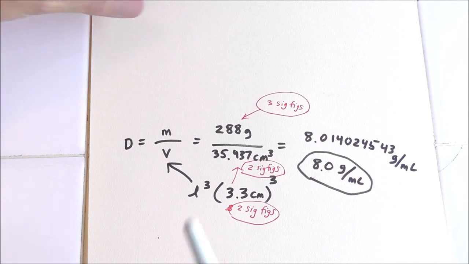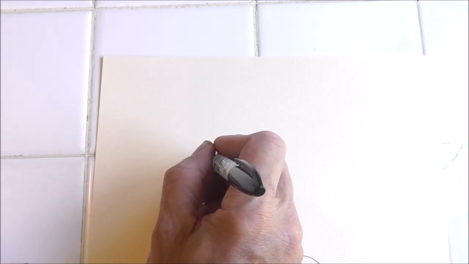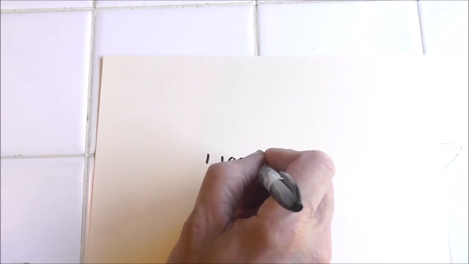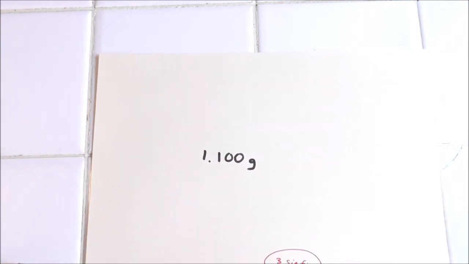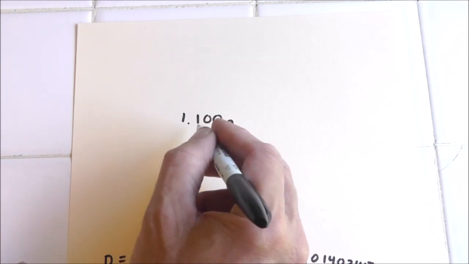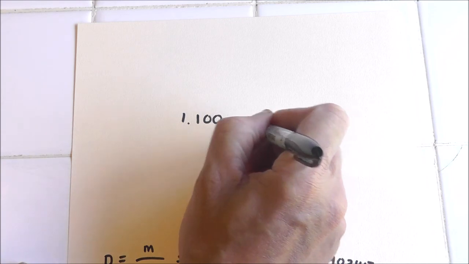So here's what I'll see students do in lab. You know, they'll be massing this thing, and they'll be on the balance. And let's say it's something that's not 288 grams, it's something more realistic. They'll get like 1.100 grams on a really good balance. And then what I'll see that they do is they don't write it down like that. The balance even says that. They'll be like, oh, that's 1.1 grams.